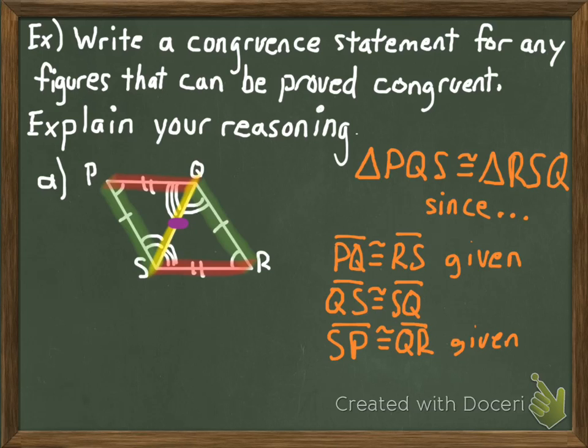The one that wasn't given to us was the side that both triangles share right there. Now, I named it segment QS here, segment SQ there. That was just kind of because of the rotational way of mapping the first triangle onto the second triangle. But those are exactly the same segment, aren't they?